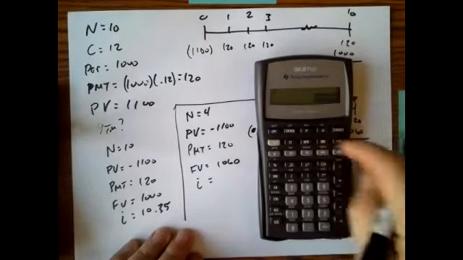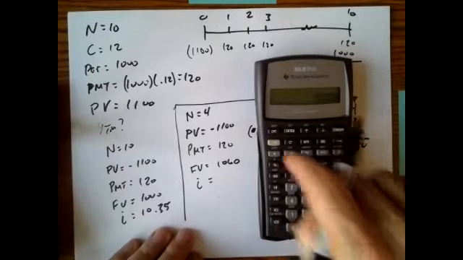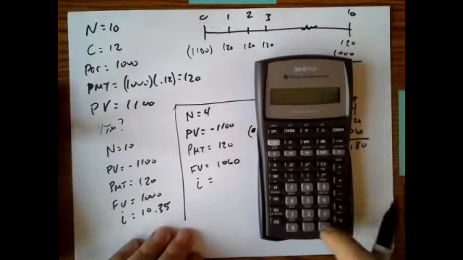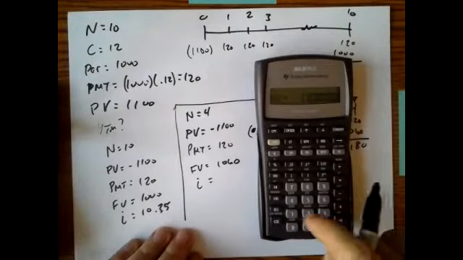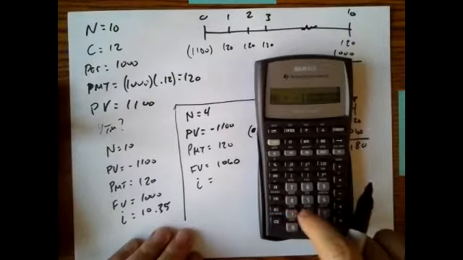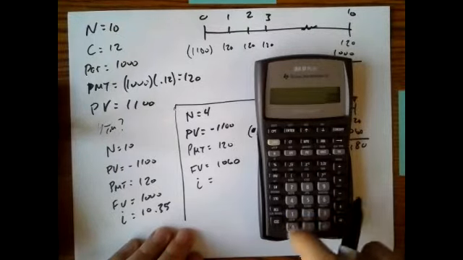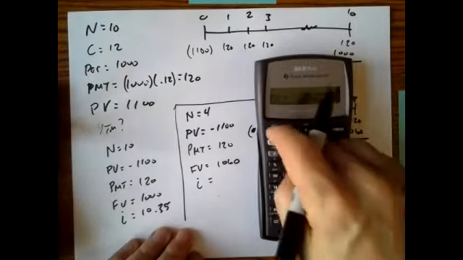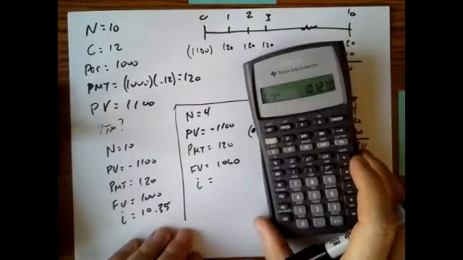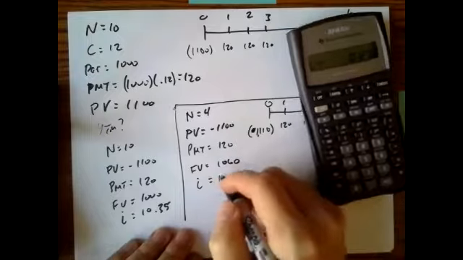So go back, clear our TVM. N is 4. PV is 1,100. I'm making it negative to feed the calculator. 120 payment. And then 1,060 is our FV. Compute I per Y, and we get 10.13-ish.